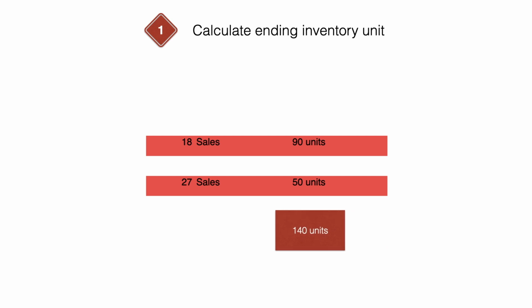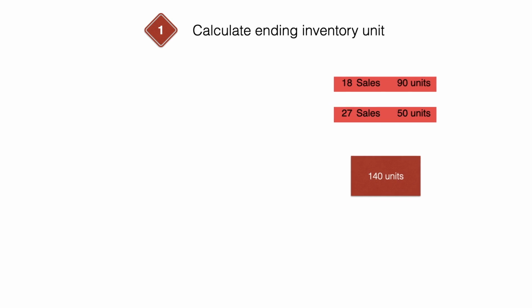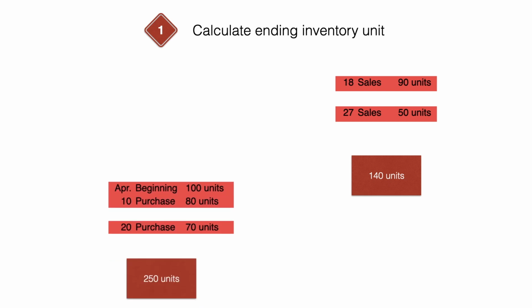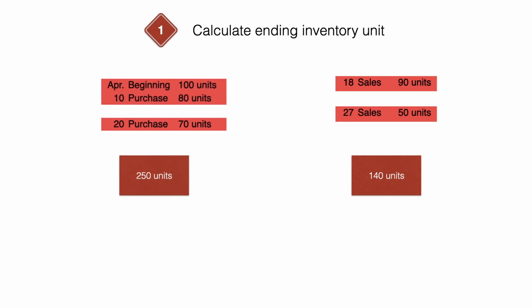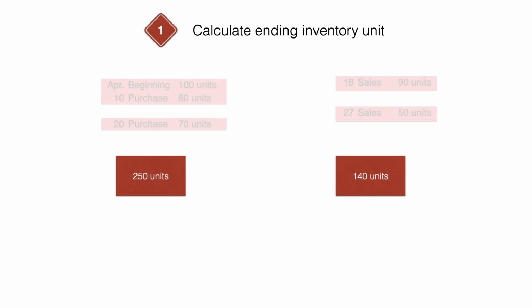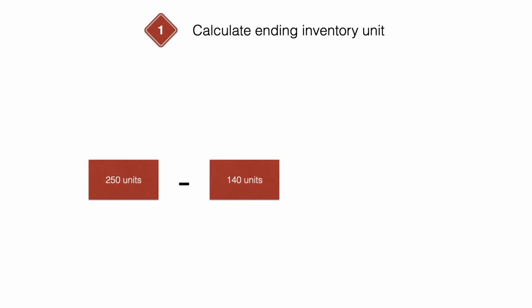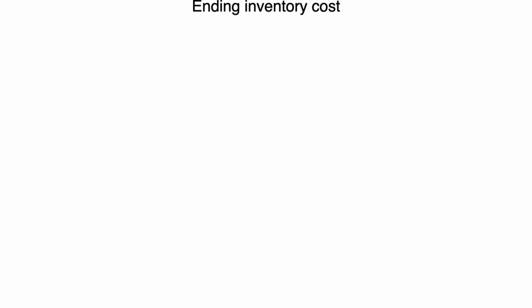Remember that we just calculated the total of beginning inventory and purchases as 250. Now we minus 140 from 250 and you will get 110 units. That is the ending inventory for this question in terms of units.